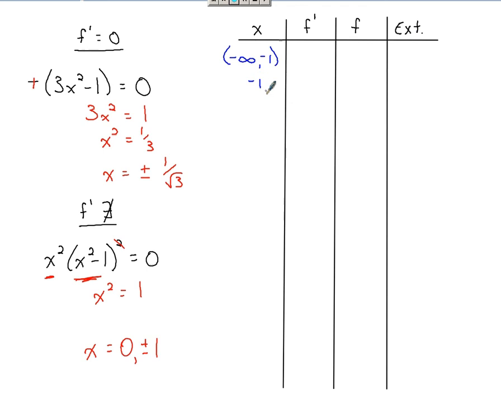At negative 1, we know the first derivative does not exist. We go from negative 1 then up to the next smallest x value that we found. And recall that the plus or minus 1 over root 3 that we got was plus or minus 0.577. So negative 0.577 would be the next smallest x value. At negative 0.577, we know the first derivative equals 0.